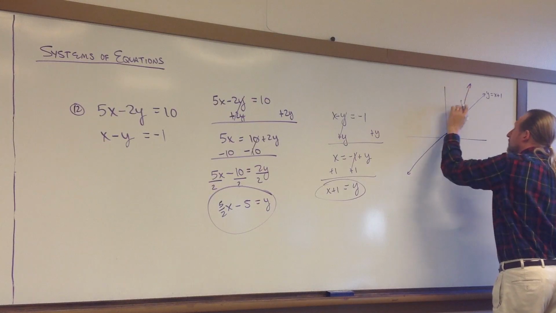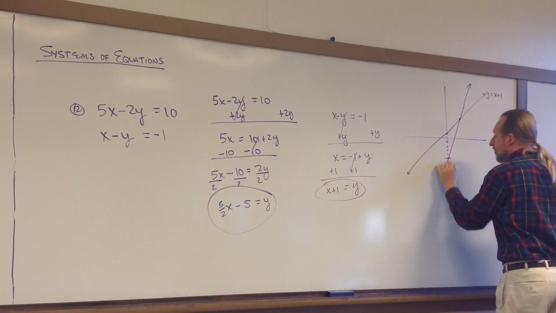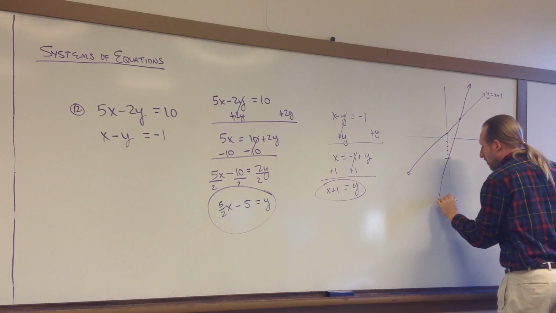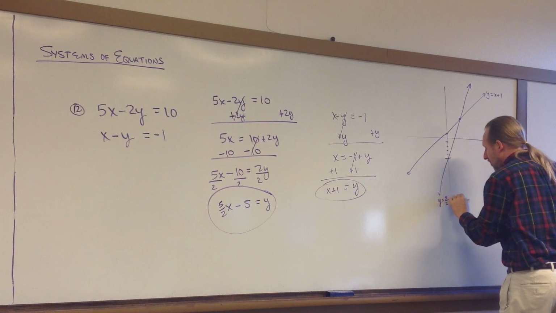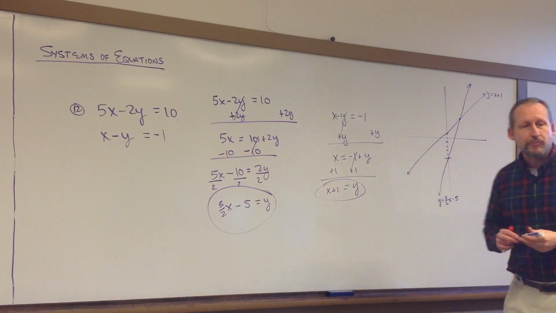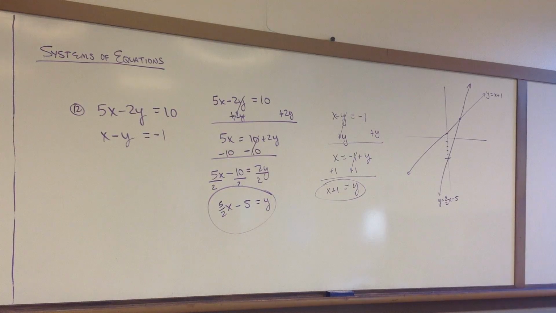And so it'll look something like this. So there's our intersection point. Like I said, it's kind of hard to tell exactly where that is. So let's take a look at it on the grid.